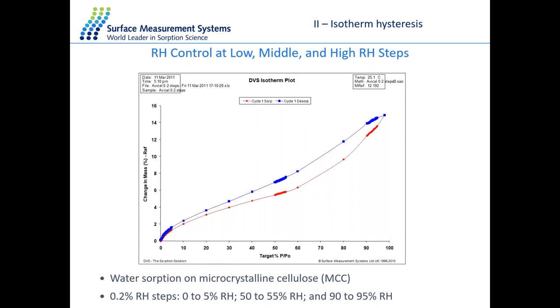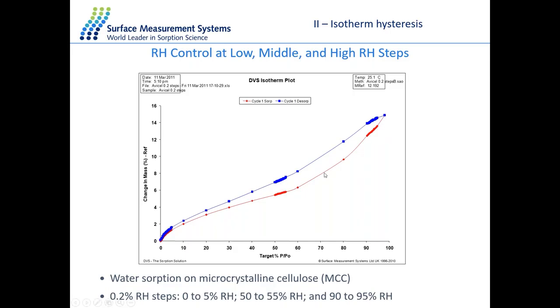So the first section that we're going to look at here is the fact that we have a cycle of absorption and desorption. We have a nice gap of hysteresis in between. The other factor that is highlighted in this specific plot is basically the fact that we can get as much data as possible if we want to focus specifically on critical conditions of the sample.